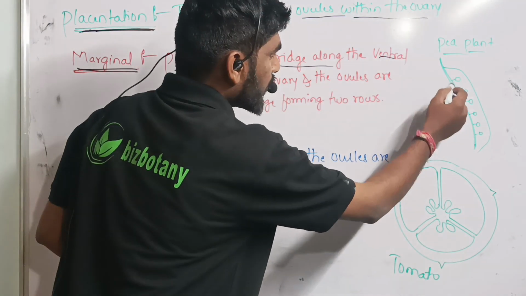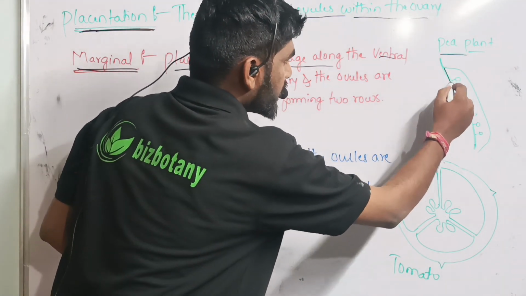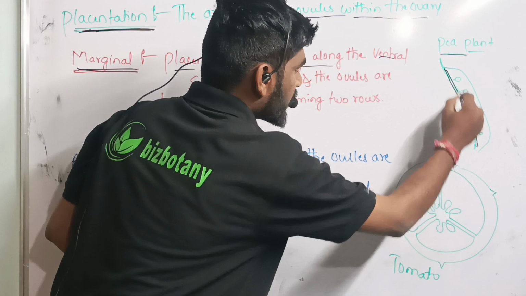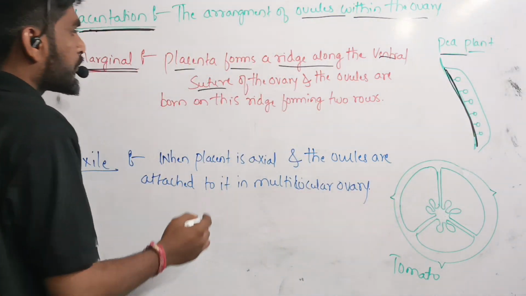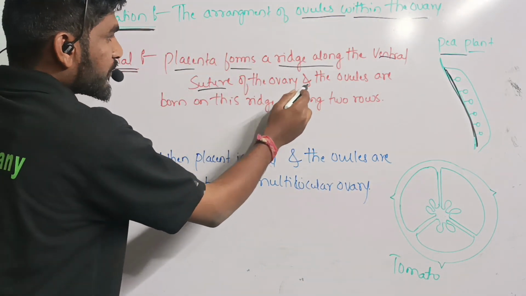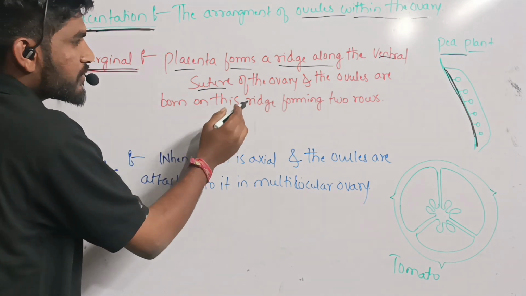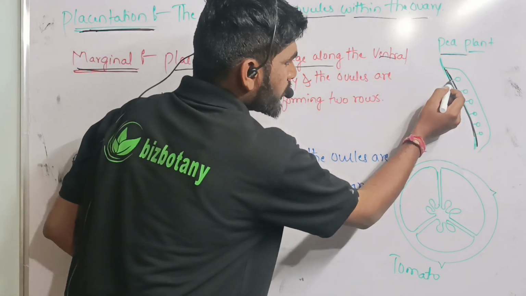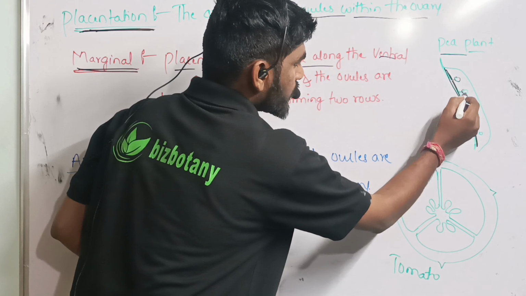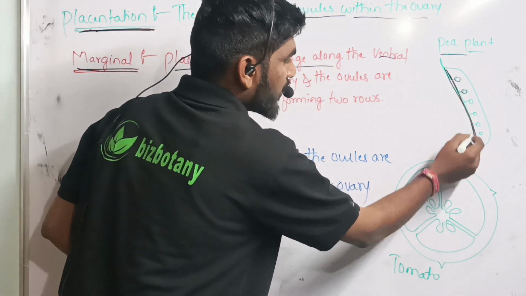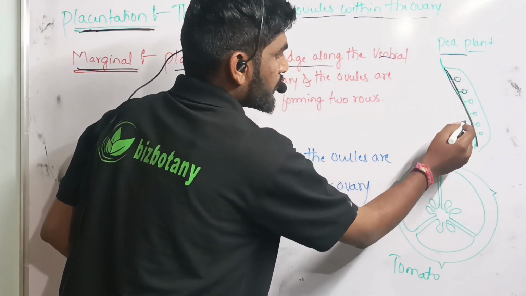Here, this is the fruit of a pea plant. This one is the ridge of the ventral suture of the ovary. The ovules are born on these ridges. These are the ovules which are born on this ventral suture.